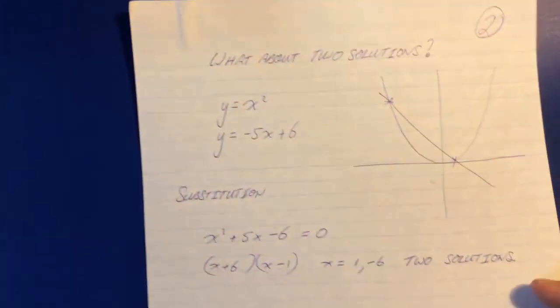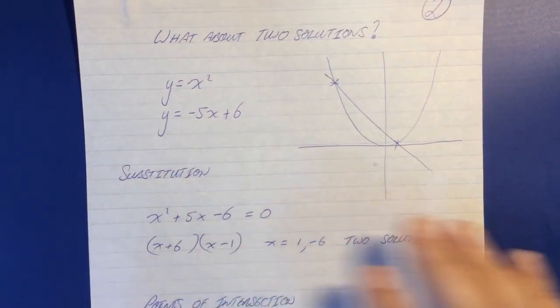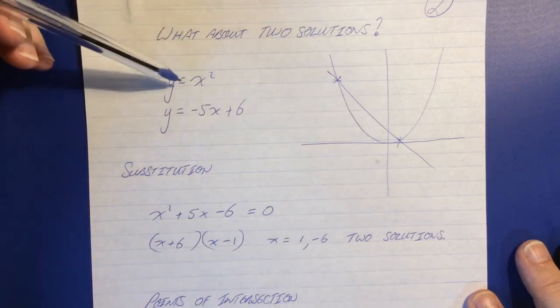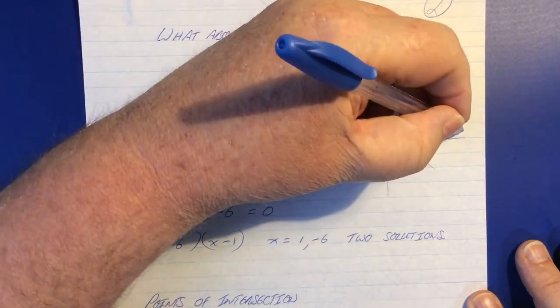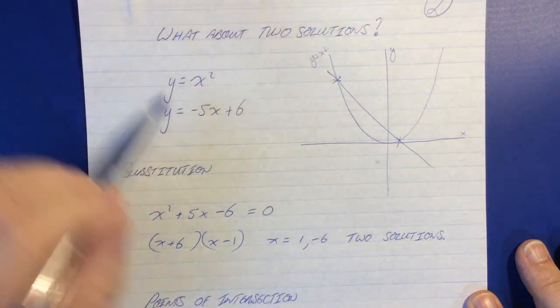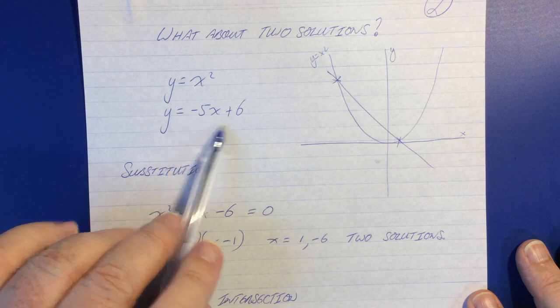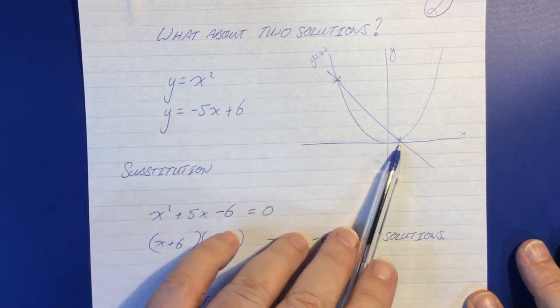Now, the obvious next question is, what happens when a line does go through a quadratic like this? We've got the same starting equation, y equals x squared here, and we have a different linear equation, y equals negative 5x plus 6.